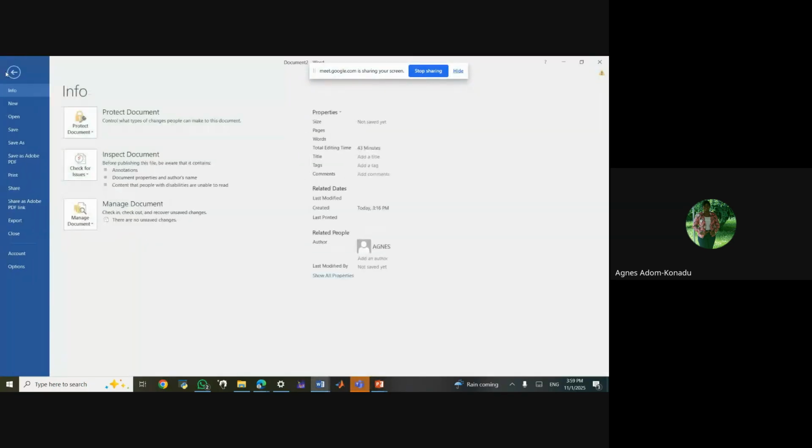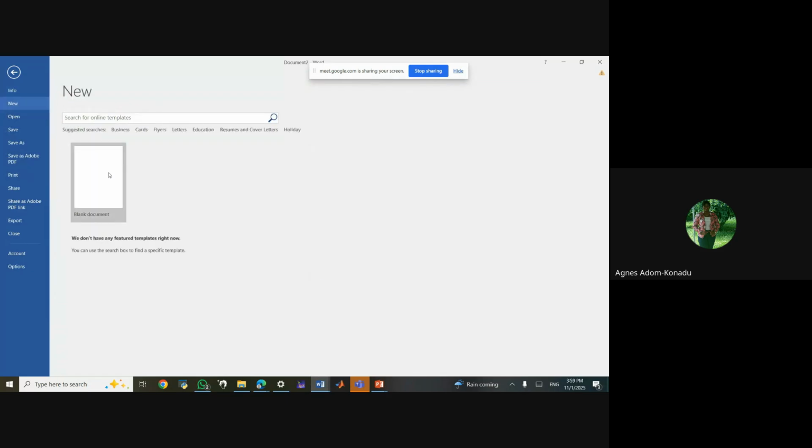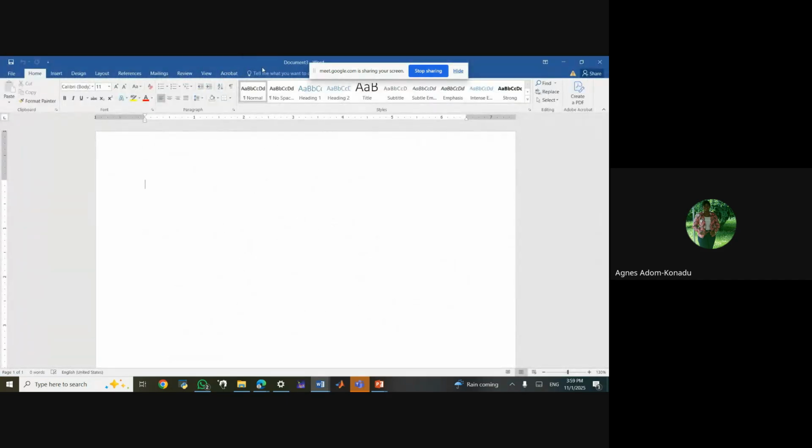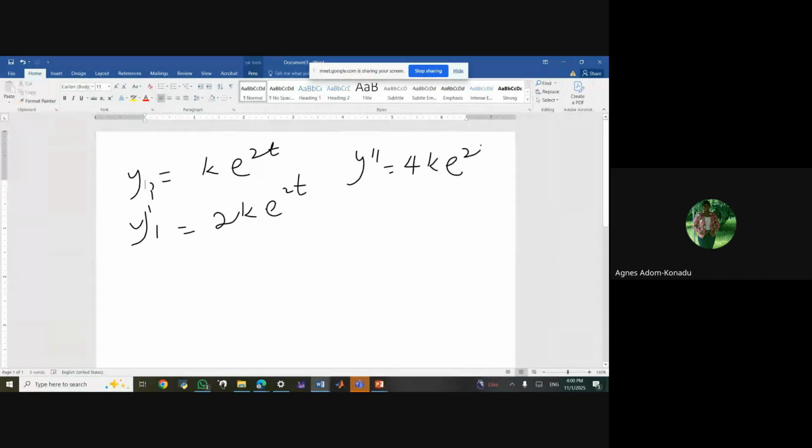So we know how to find the homogeneous part. For the non-homogeneous part, as I said, our guess will be y2 equal to k e to the power 2t. The first derivative is 2k e to the power 2t, and the second derivative is 4k e to the power 2t.